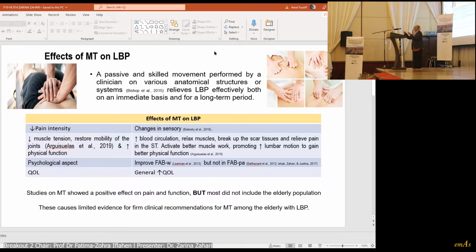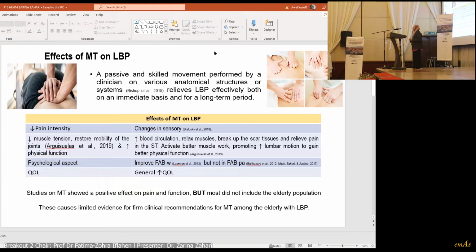But here, manual therapy is broader, and it is more specific to manipulation, mobilization, and different types of massage therapy. Okay, what we can say here is that manual therapy helps to reduce the pain intensity, or pain severity, another term for the severity.